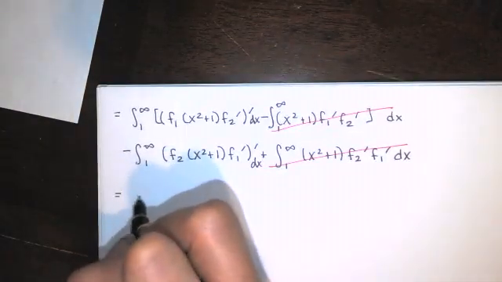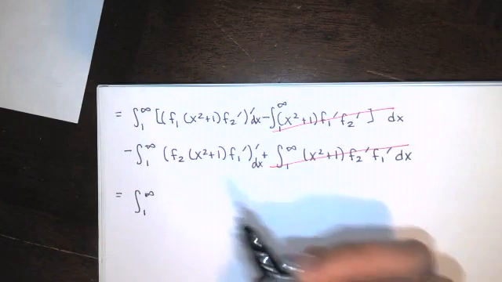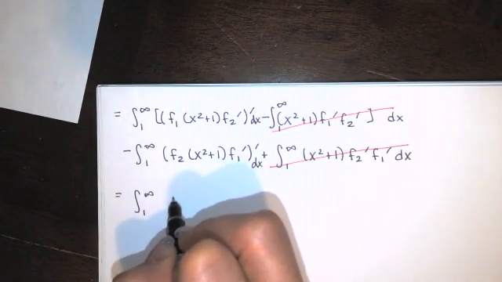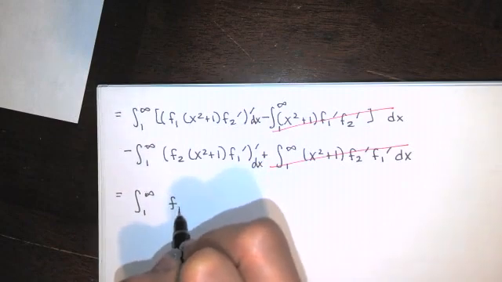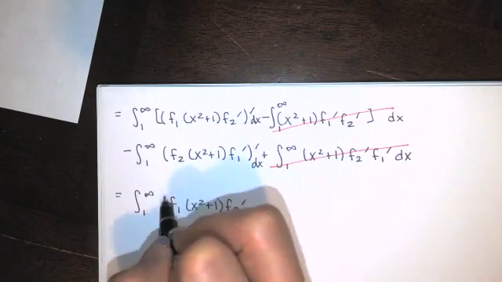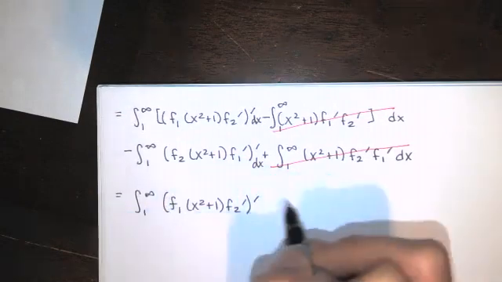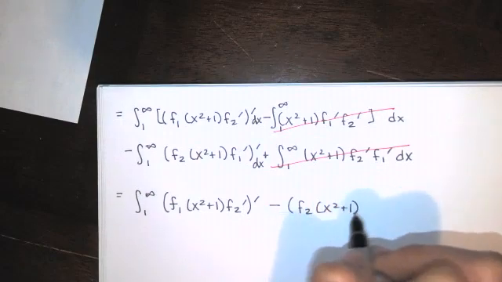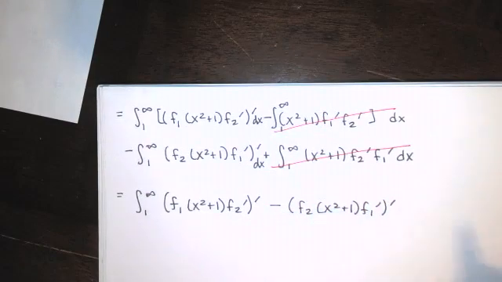So the only thing we have here is the integral from 1 to infinity of this expression, f sub 1 times x squared plus 1 times f sub 2 prime prime minus f sub 2 times x squared plus 1 times f sub 1 prime prime.